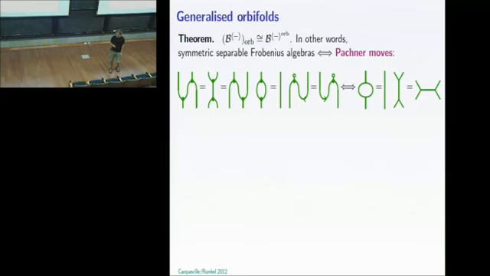And checking that this is true boils down basically to checking that the structure of the one morphism A, of being symmetric, separable, and Frobenius, is in one-to-one correspondence to these Pachner moves, because you remember at the beginning of my talk, we started with inserting little loops of one particular defect, and then in the end there was a trivalent network on the bordism, which amounts to a triangulation of a surface, and any triangulation of a surface can be moved into another triangulation of the same surface using such Pachner moves.